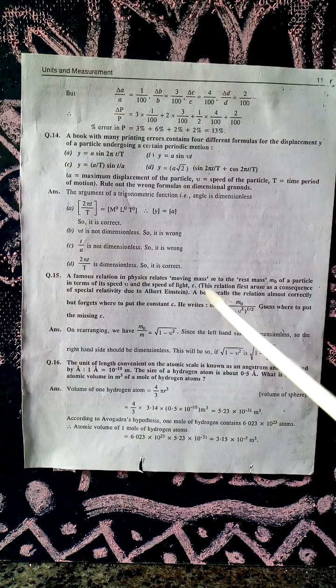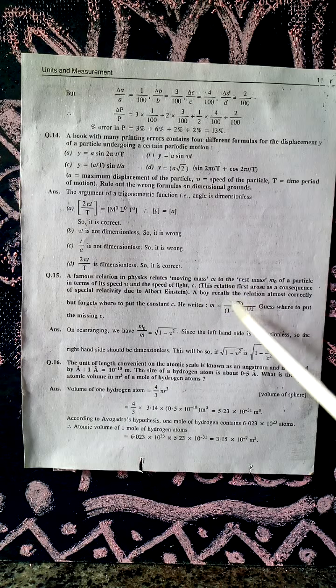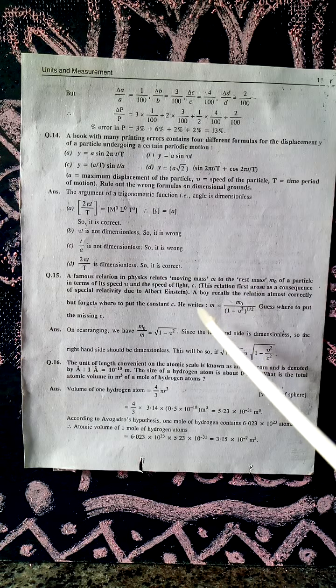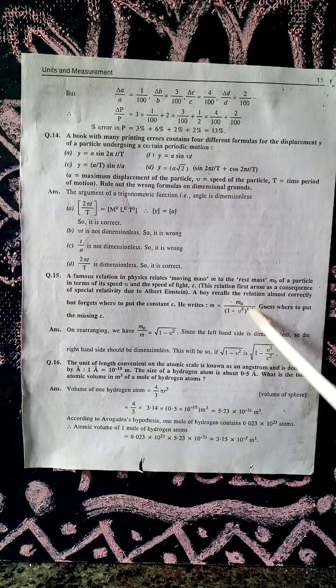Here he recalls a student relating the same theory, but he forgets where to write this c. Then we have to adjust that c. Now observe this equation: m is equal to m naught by root of 1 minus v square, to the power 1 by 2.